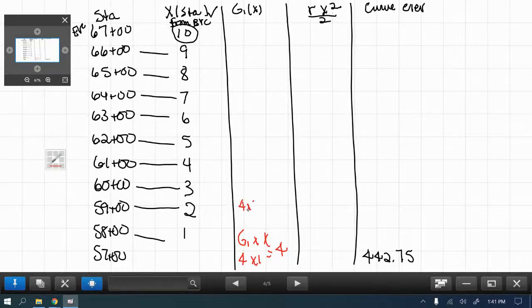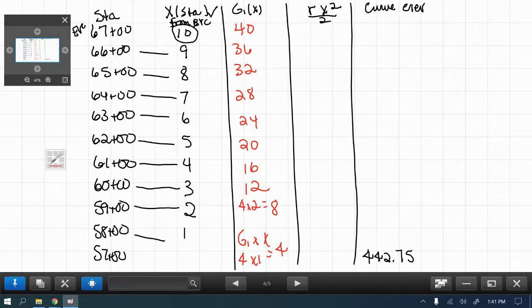So 4 times 2, looks like that. Rx squared divided by 2.